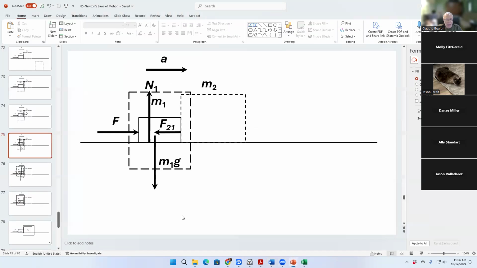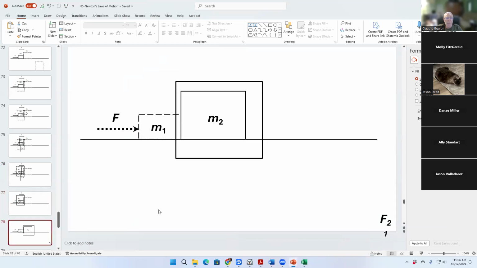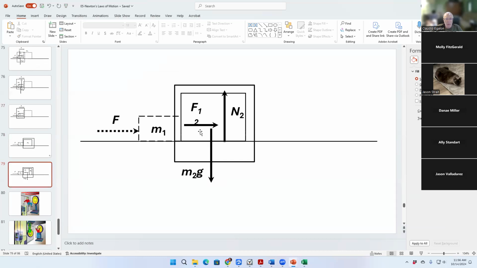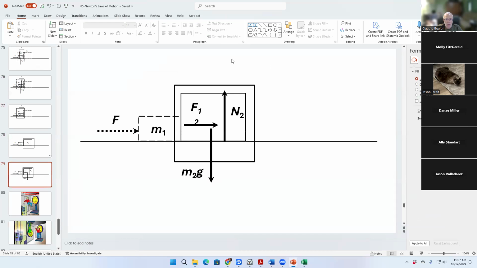The third free body diagram is obtained by considering just the mass number 2 as our system. And now you go ahead and analyze the forces. You have the force of 1 applied to 2.